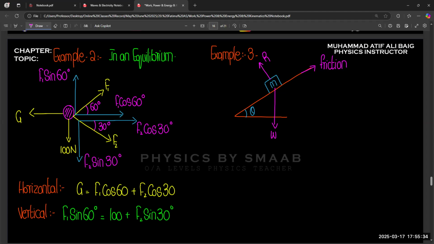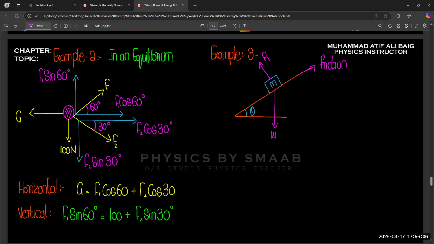Because when we place any object on the table, that object will not move in downward direction because of gravity. We have another force acting on that object in the opposite direction, which is called normal reaction or the contact force. Because of that contact force, that object will not move in downward direction. It will remain in its equilibrium state on the table. So that is one idea.